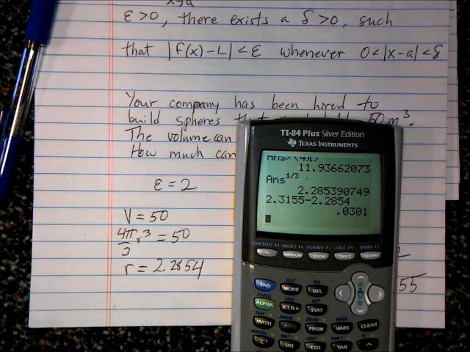I need you to be within a half of a cubic meter. Then what's going to happen to my delta number? It's going to get much, much smaller. Okay? So that's what we mean by a limit: once somebody picks that epsilon value, it's up to me to be able to prove that I can find that delta value that's going to work.